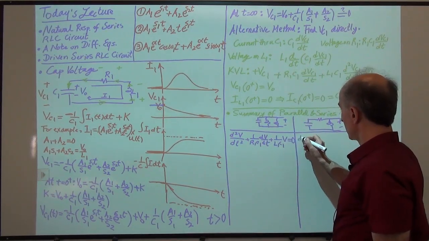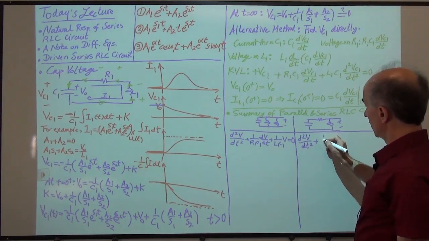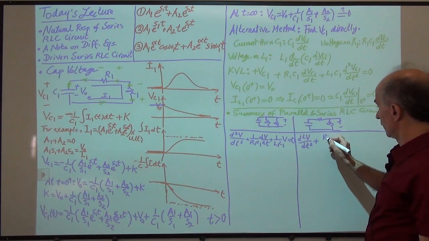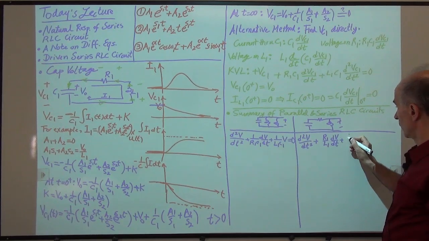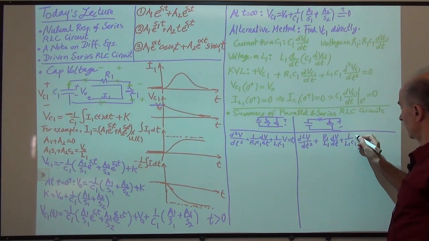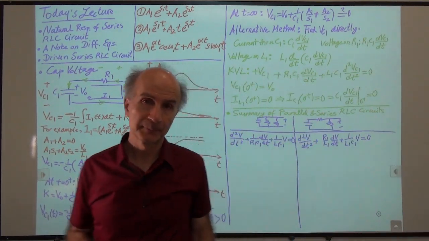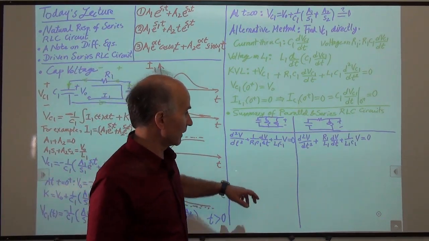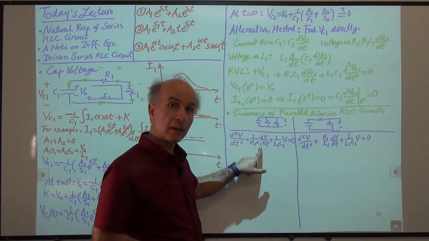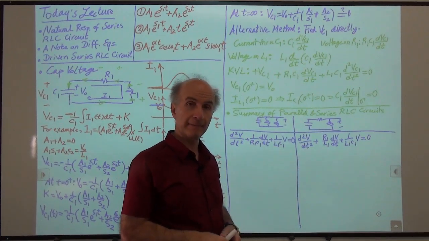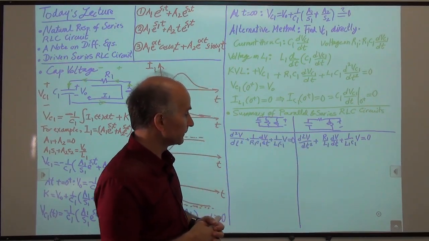So we have d squared V over dt squared plus R1 over L1 dV over dt plus 1 over L1 C1 V is equal to 0. All right. Okay, so we see that they are very similar, except that the time constant, if you want to call it that, in this case is R1 C1, whereas in this case is L1 over R1, right? That's the main difference between the two. Otherwise, the other terms are similar.